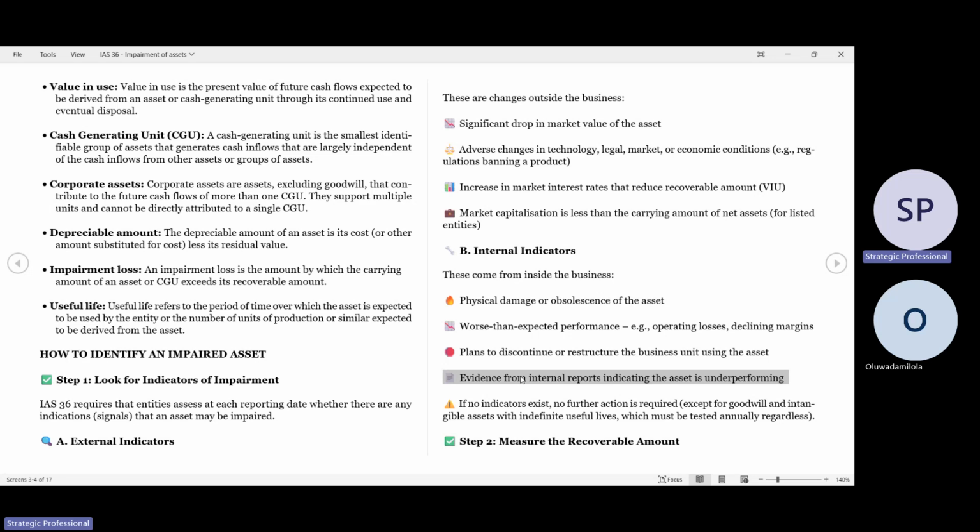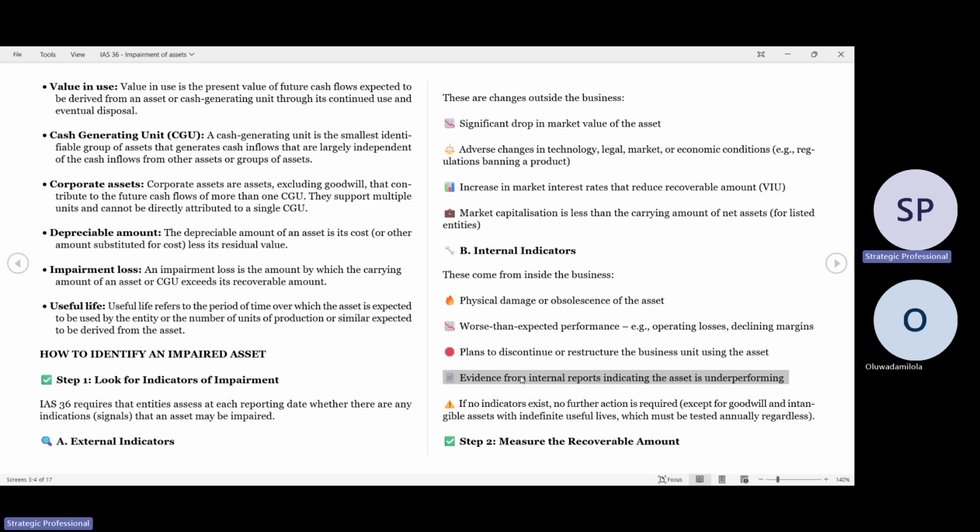They don't need to wait for any indicator. They don't need to wait for a drop in market value. They don't need to wait for an adverse change. No, they must always test for impairment when there is goodwill and intangible assets. So step one, in order to identify an impaired asset, look for the indicators, which are external indicators and internal indicators.